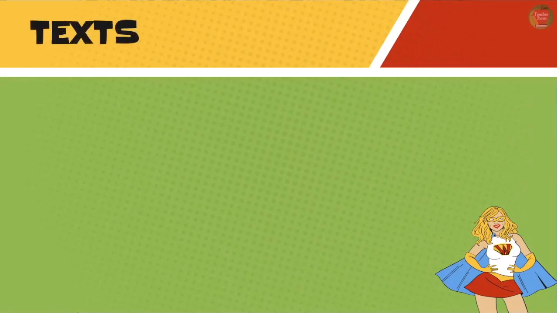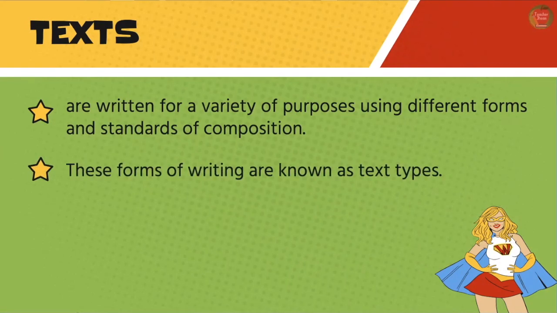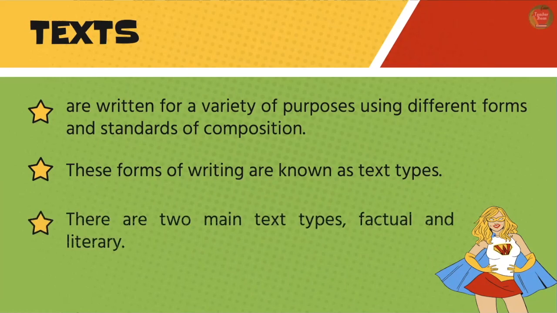The story that I read earlier is a kind of text. Texts are written for a variety of purposes using different forms and standards of composition. These forms of writing are known as text types. There are two main text types, the factual and the literary.